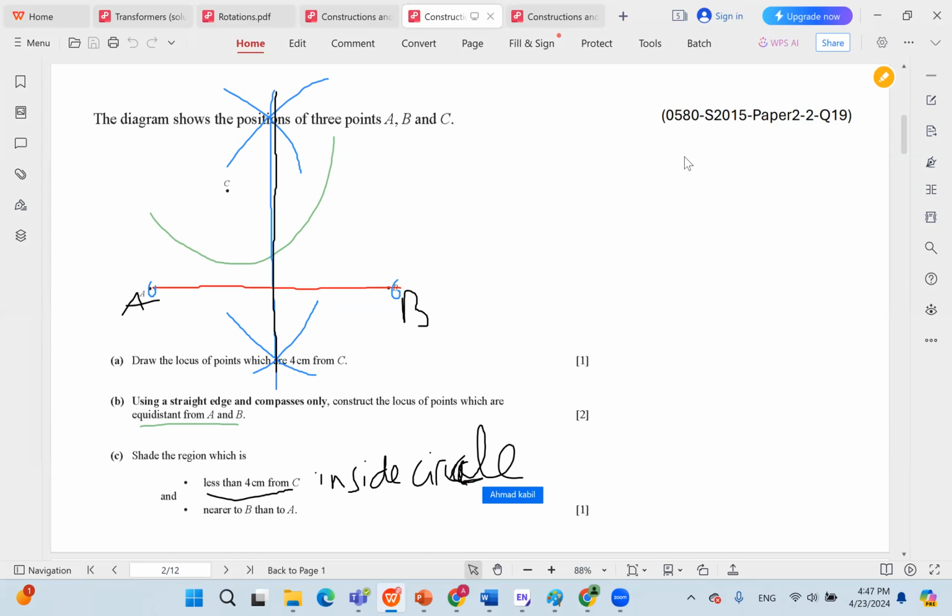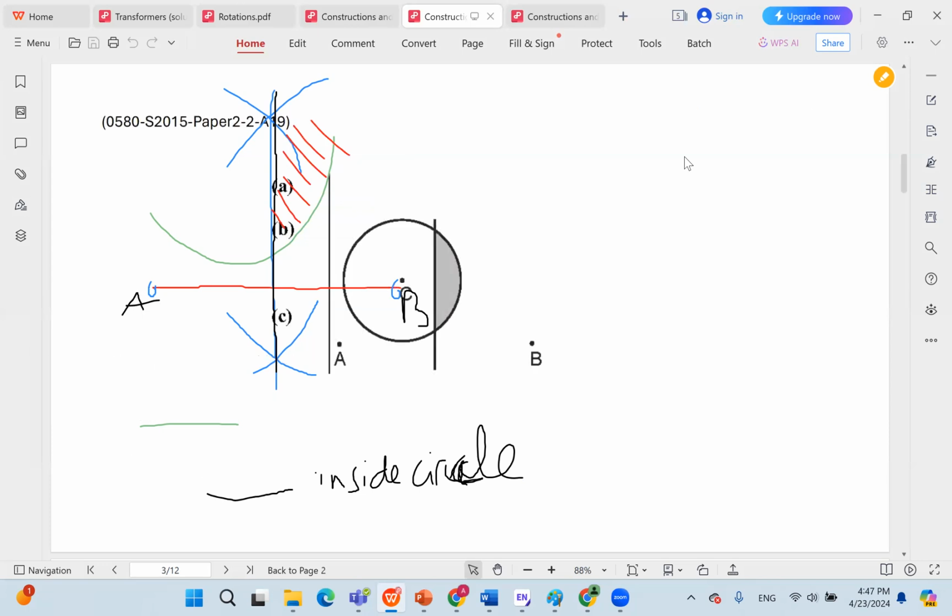And nearer to B than to A means that it's on the right of the black line. So the shaded region will roughly look something like this. This will be the shaded region. So similar to our drawing, the shaded region is on the right of the perpendicular bisector and inside the circle.